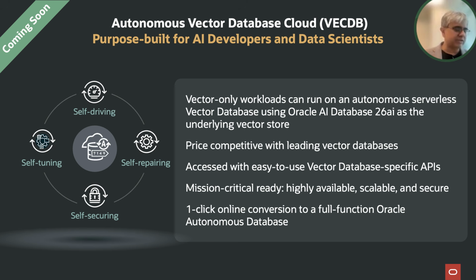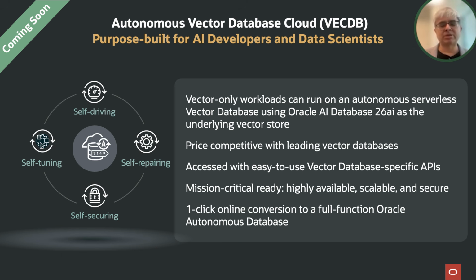And if after you try out autonomous vector database you feel you need more functionality, you can convert that database with a single click into a fully featured Oracle Autonomous Database, because that's what it is under the covers. You can expand your functionality easily by just pushing a button and saying, look, I want full ADB. So that's the beauty of the vector service delivered as a specialized service, but fully leveraging the converged infrastructure that underlies Autonomous Database.